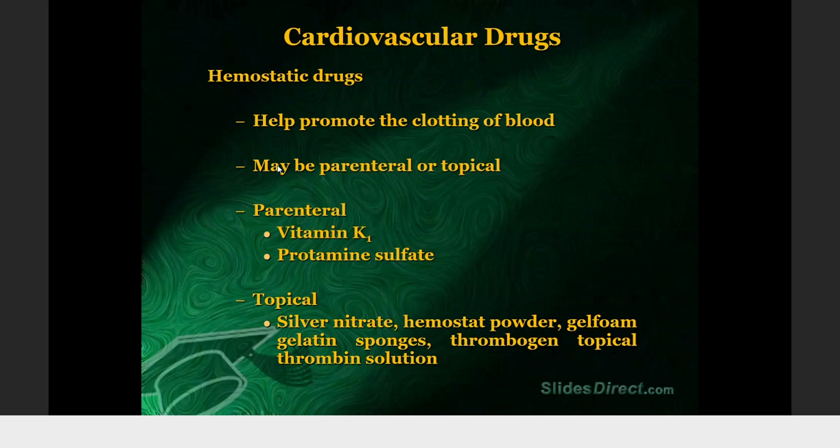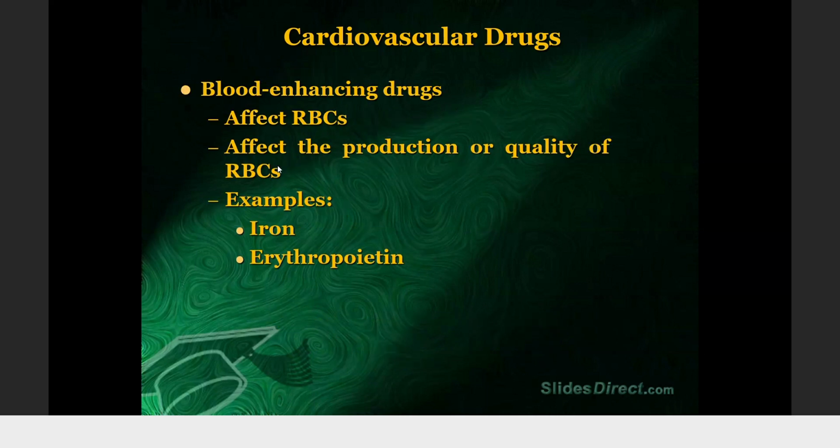Next is the blood enhancing drugs. They are used to affect the RBCs. If blood is in high quality, meaning everything is in normal order, RBC count, white blood cell count, all of that must be normal.